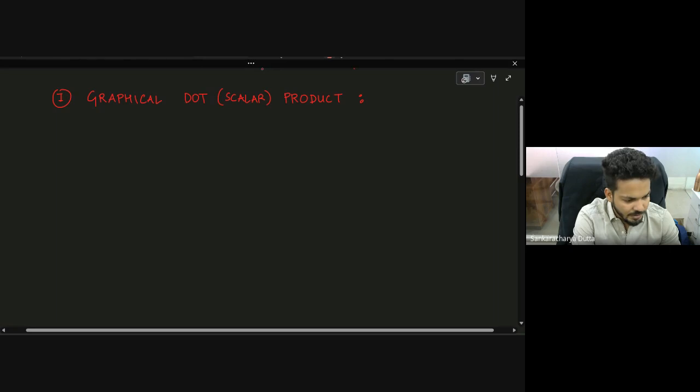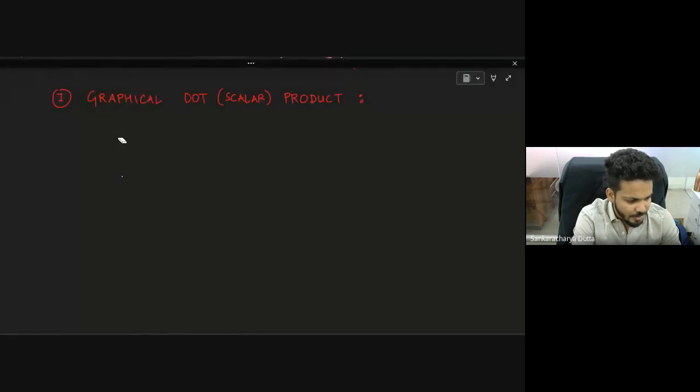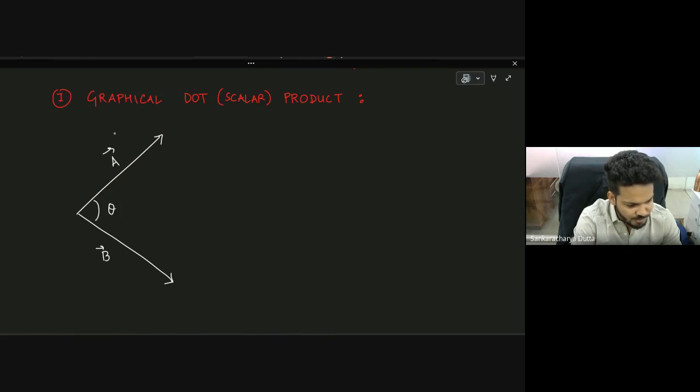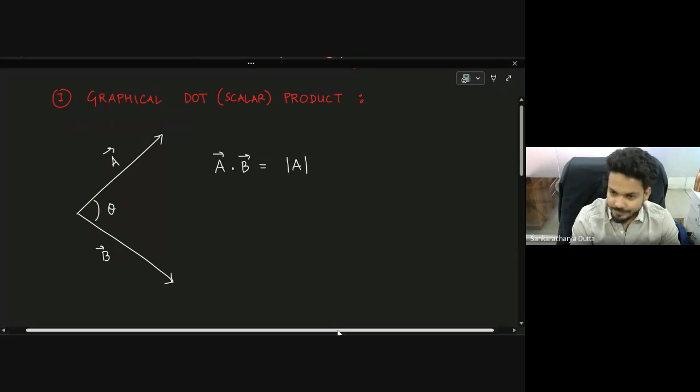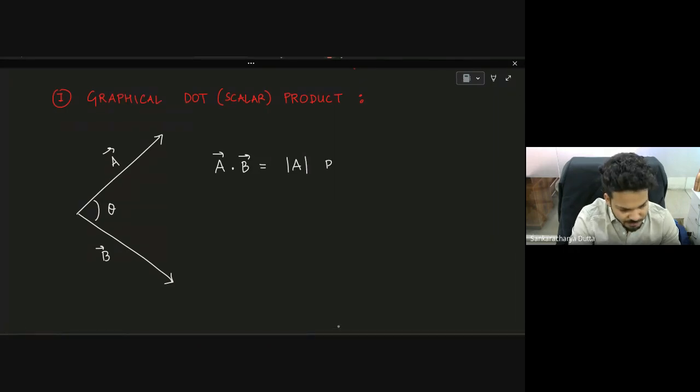Okay, so if I quickly talk about this, guys, graphical dot product will be something like this. In the graphical format, both the vectors will be given to us, and the angle between them will be given to us as theta. The definition for dot product is: A vector dot B vector is given by magnitude of A, multiplied with magnitude of B, and then you take cos of the angle between them.